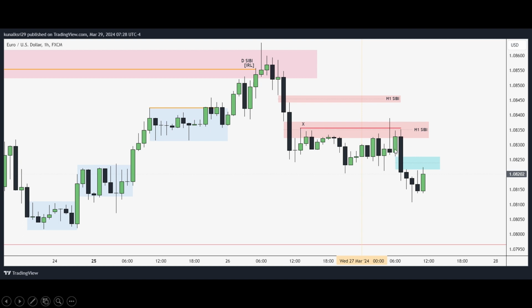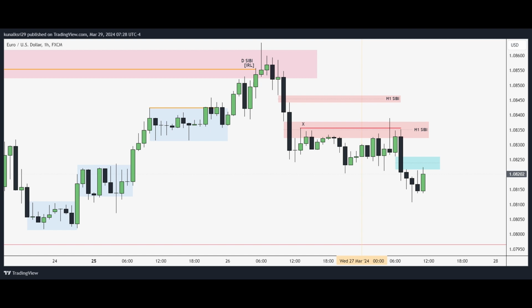This is basically a high probability order block also, because before this the market grabbed the high and displaced lower with a fair value gap. So we know this is a very important area, and we have this market maker model liquidity resting below, right? So if you are someone who wants to place a trade, you can. But for me, Wednesday was a low probability setup, so I ignored that day.